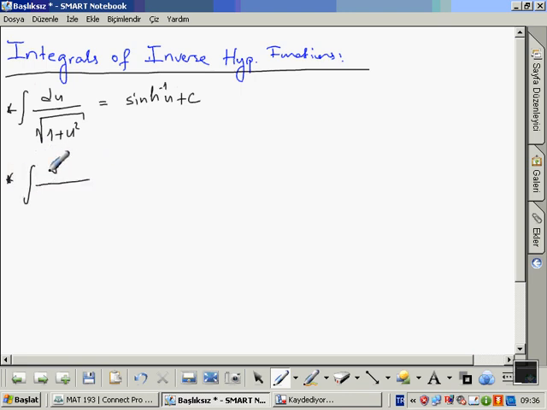The integral of du over the square root of u squared minus 1 is equal to inverse cosh u plus c.